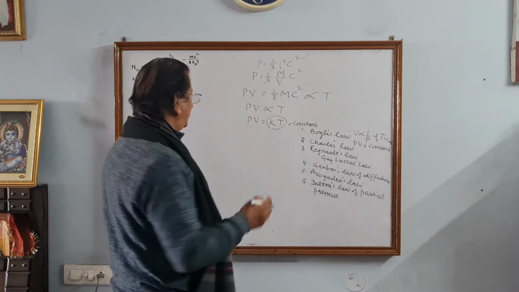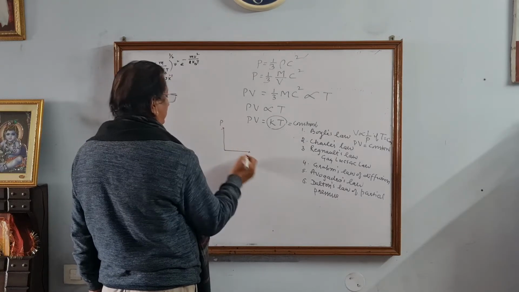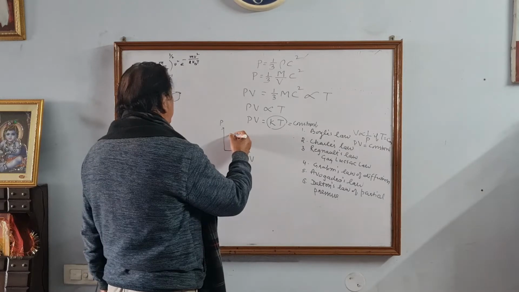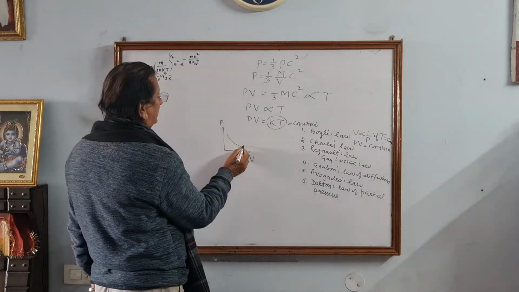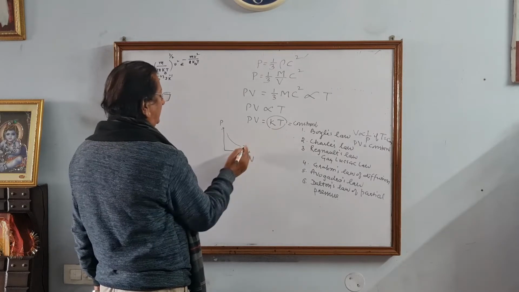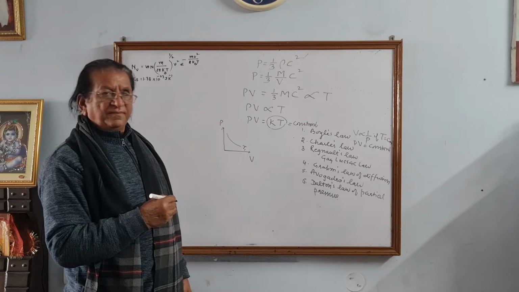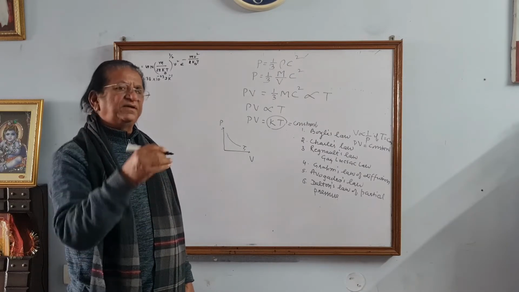Clear? And if you show this graphically, then the PV diagram will be at one fixed temperature. Let us say it is at T1. Then you take the same gas, but at a different temperature.